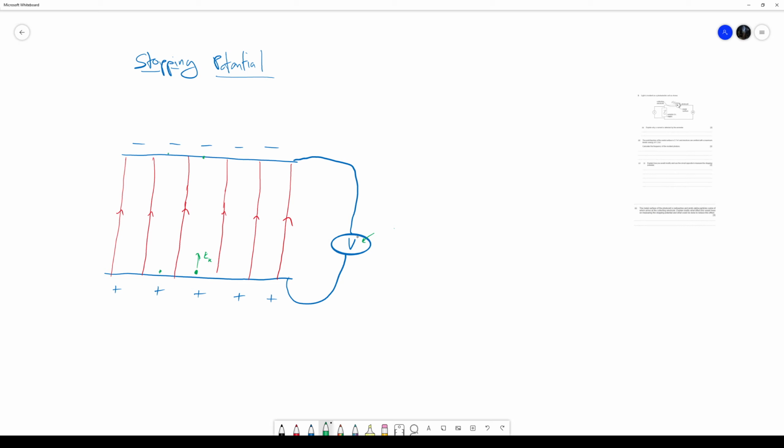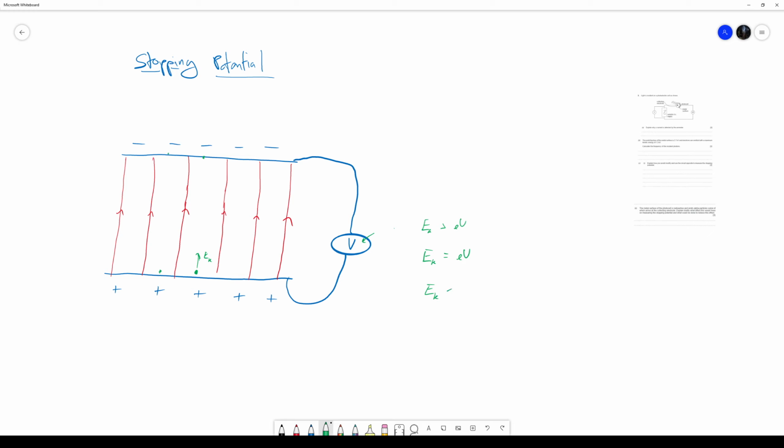If I think about this, these electrons are crossing the gap because Ek is greater than eV. What happens when Ek is just about equal to eV? That will mean these electrons slowing down, slowing down, and just make it across the gap and no more.